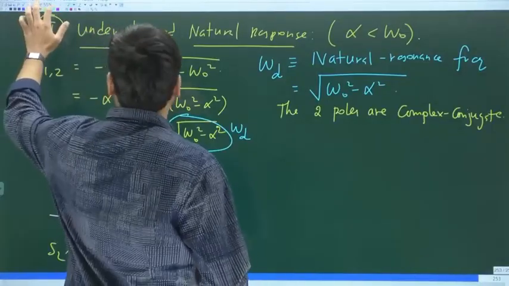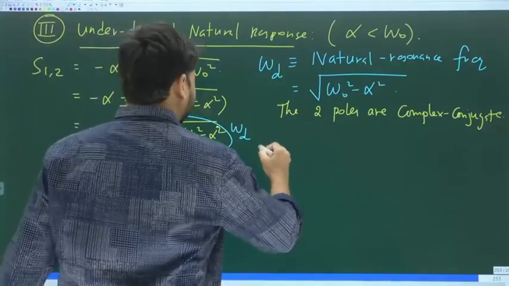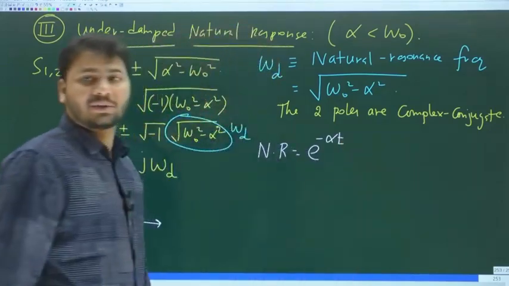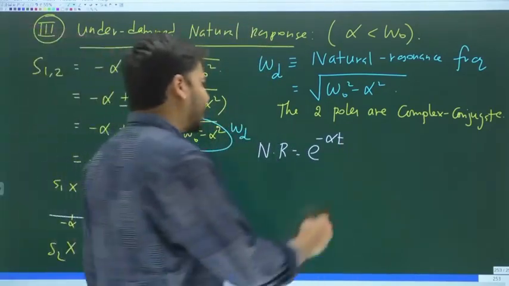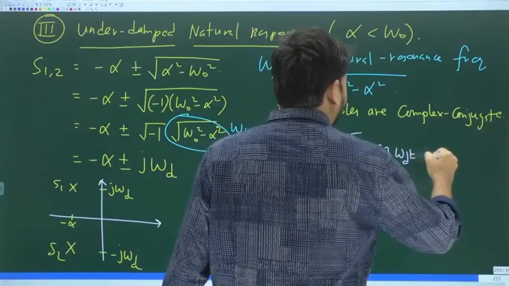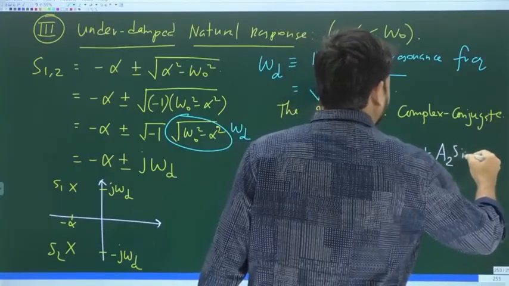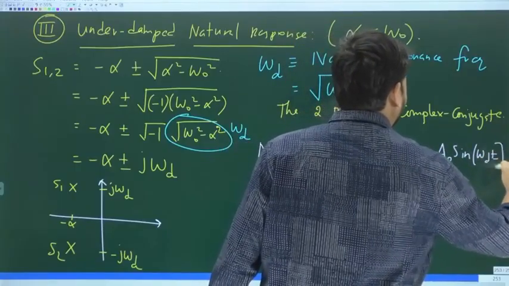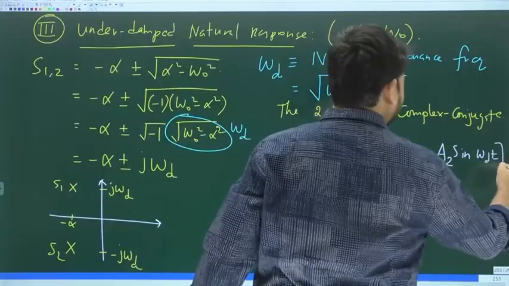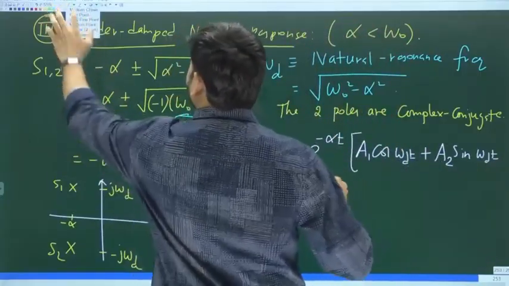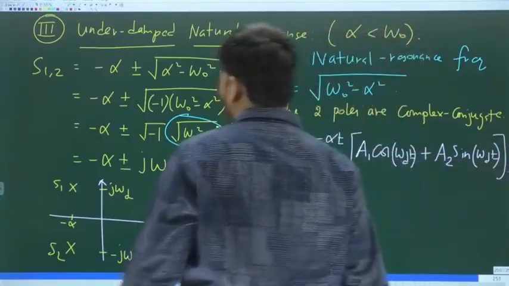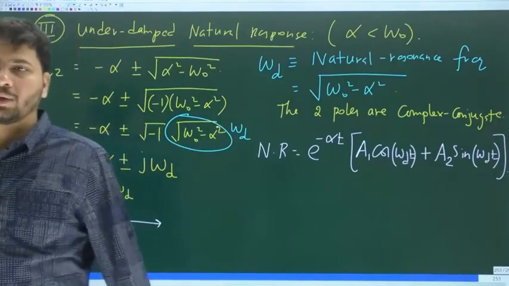When the natural response is underdamped, it is of the form e power minus alpha t times a1 cos omega dt plus a2 sin omega dt. That's all. This is the form of the natural response.